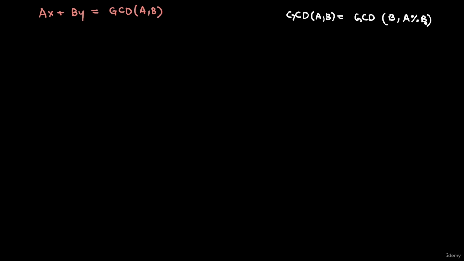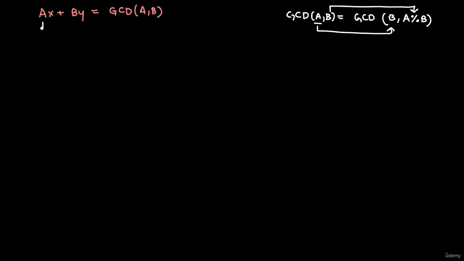This we have already seen that this is true. Now what we are saying is, in this step we are going to reduce this equation. So what we are doing, we are replacing a with b and we are replacing b with a mod b. So let me just replace it here as well.